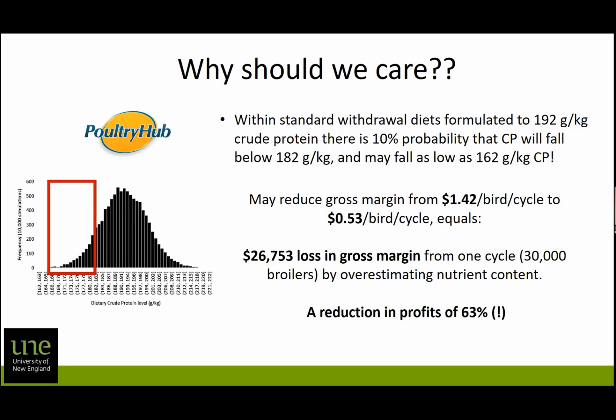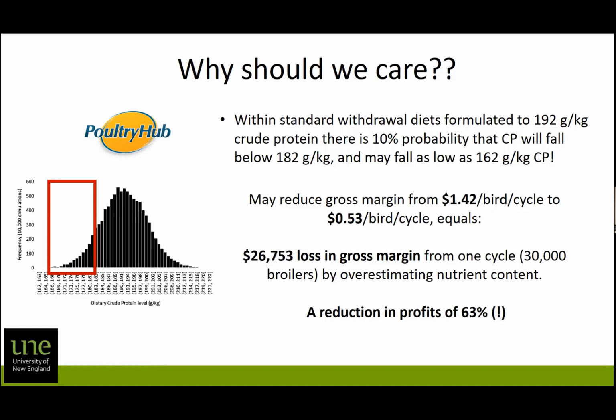This was based off the variability in the crude protein of Australian feed ingredients that I got from my AgriFutures database. This could reduce your gross margins from $1.42 per bird per cycle all the way down to 53 cents per bird per cycle, which overall means a $26,700 loss in gross margin from just one cycle of 30,000 broilers, meaning a reduction in profits of 63%.